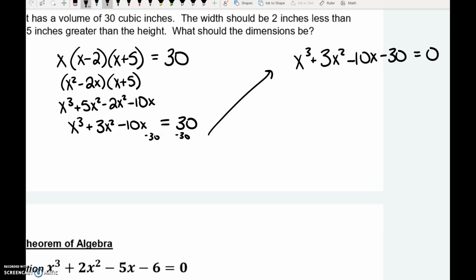How do we factor a polynomial that is 4 terms? Split it. The first group has x squared in common. The second group has negative 10 in common. So it's x squared minus 10 times x plus 3.